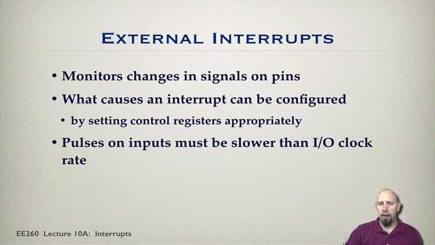So if you have a pin connected to something that pulses, that can put out a little blip really fast, faster than the clock, then you can miss that external interrupt. So if you have a little blip, it's got to be at least as long as one clock pulse, which is 16 megahertz or 60 something nanoseconds, something like that. So you have to have that.